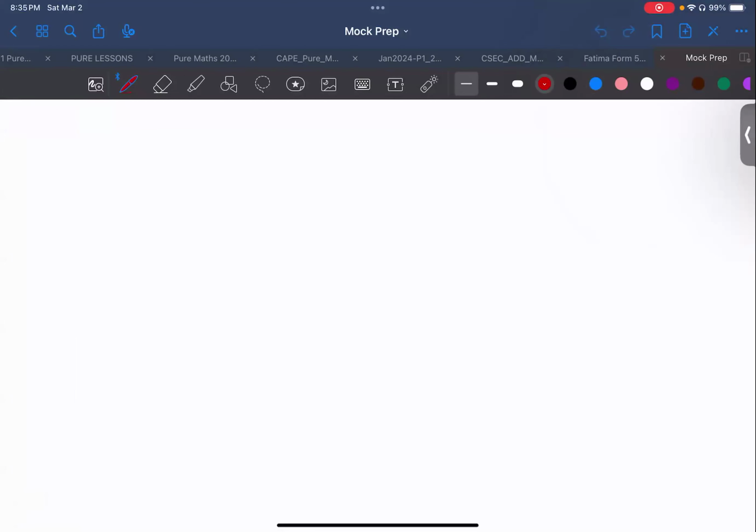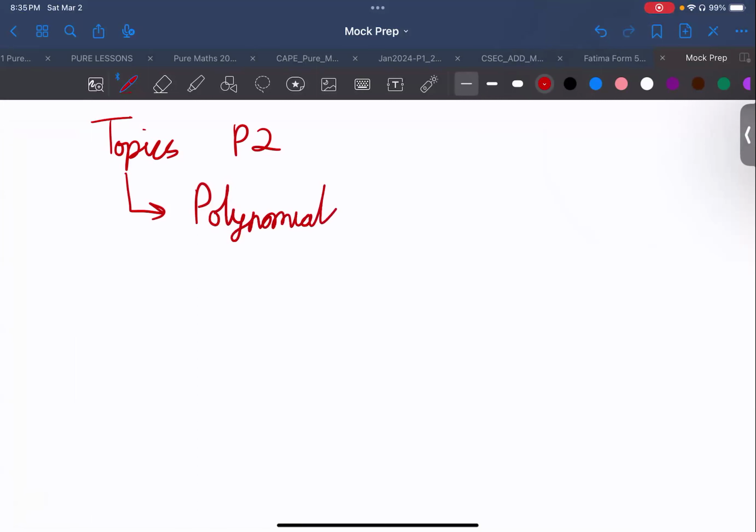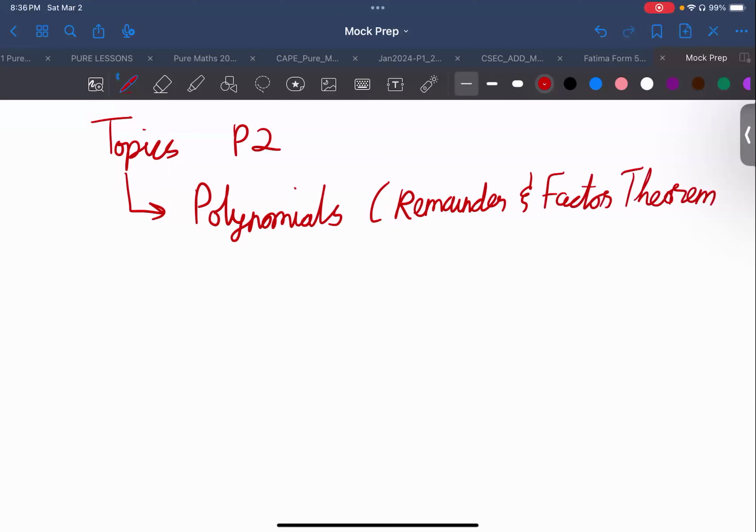So your test, the more or less broad topics. This is for your paper two. Paper one is everything. It would be polynomials, right? So that is remainder and factor theorem. Right, then we'll have logs, your equations.